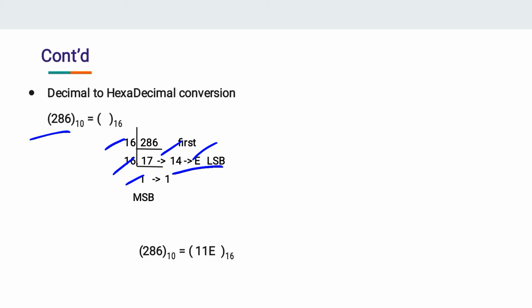So the answer is 11E. Clear? So 286 decimal is converted to hexadecimal, that is 11E.